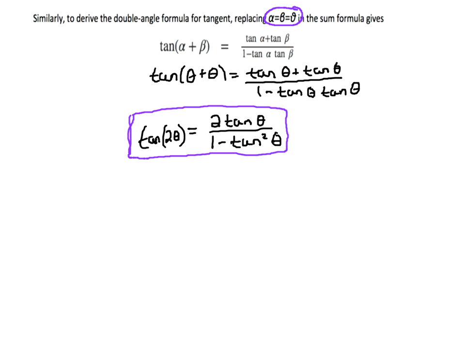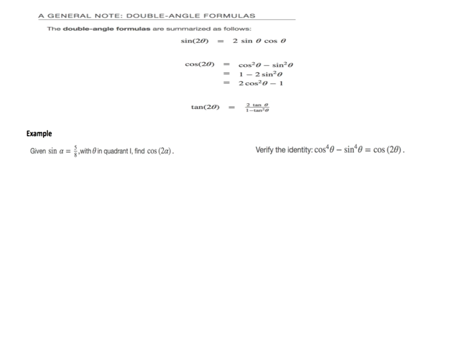Okay, let's look at some problems that use these formulas. So we have them right there at the top for us. And notice we have the cosine in all forms there. Okay, so this first example says the sine of theta is equal to 5/8. Theta lives in quadrant 1. So just a quick picture of that.